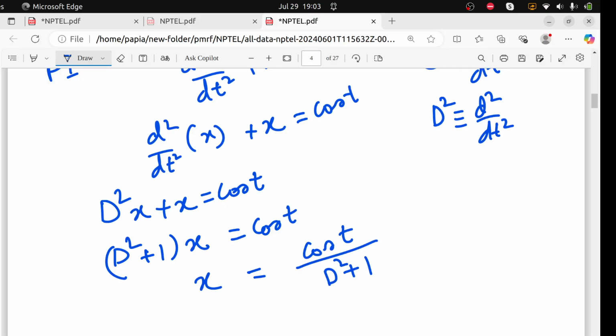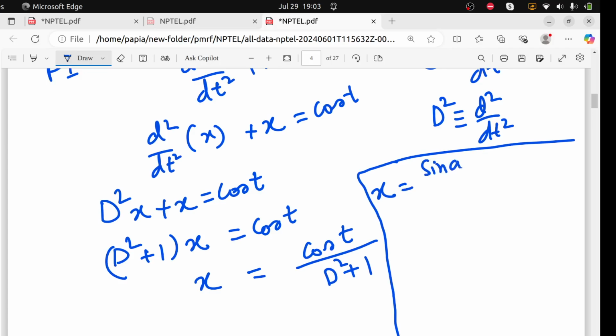Now, if it is sin at or cos at, this is a general solution for this case. I am just going to write here. If our x is such that sin at or cos at divided by some function of D square, then to get the value of x, I can replace that D square by minus a square.